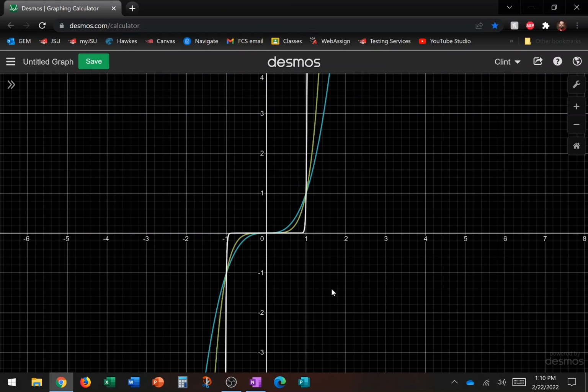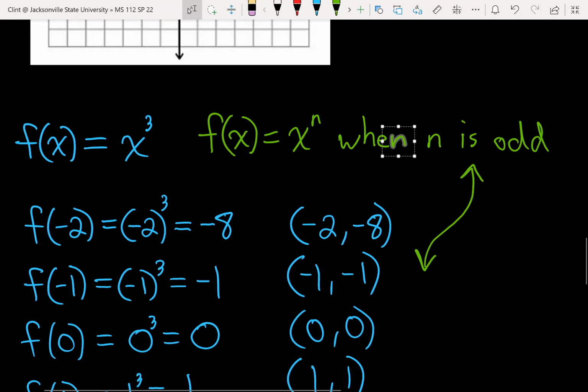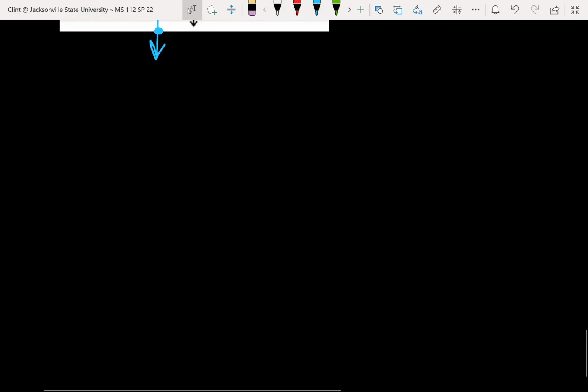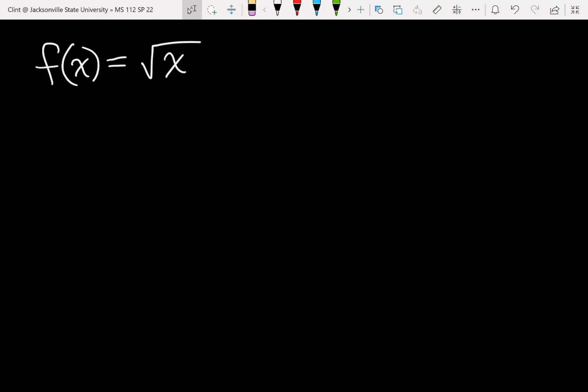All right, look at a couple more. Let's think about this one. This one may be less familiar to some of you. Think about square root of x. So, first of all, what about if we try like -2?